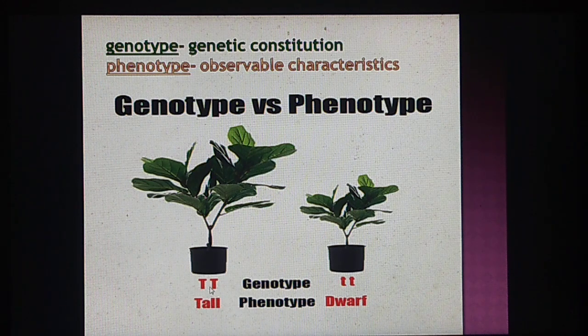So, it may be capital T, or it can be capital T, small t, whereas for dwarfness it will be small t. So, that gives a clear picture about the genotype when we study. Though when we observe it may be tall, the genotype may differ. For example, as I said, capital T that is homozygous, or it can be heterozygous, capital T, small t.